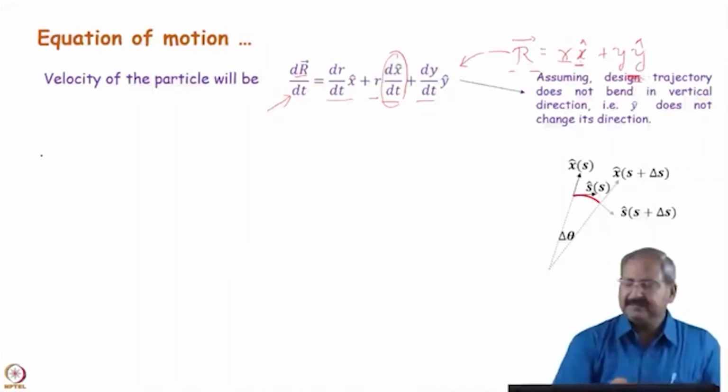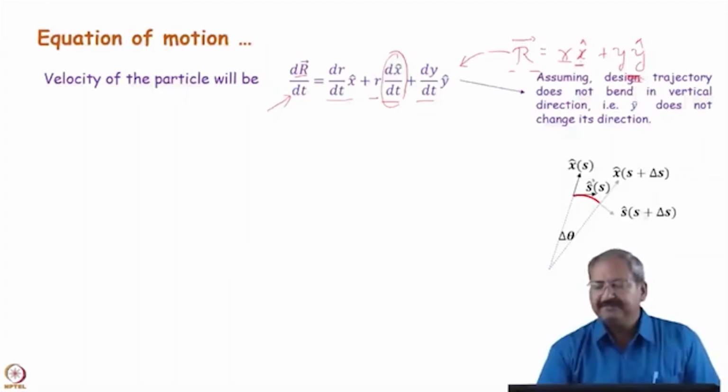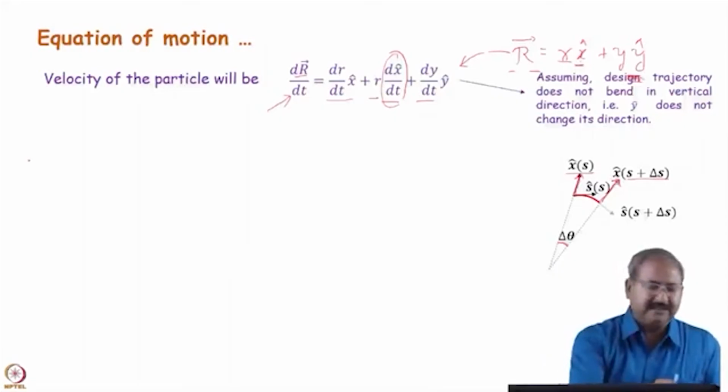Suppose at a certain time at the location S, the unit vector is in this direction. This is the direction of the unit vector x. And after some time, when it makes a delta theta angle at the center, the orientation of x cap becomes this. This is now the direction of x cap at the location of S plus delta S. So if we want to calculate the change in the unit vector, we redraw this here.